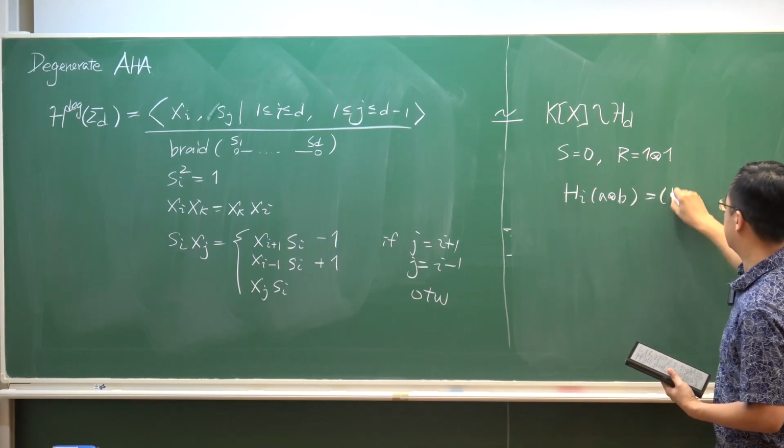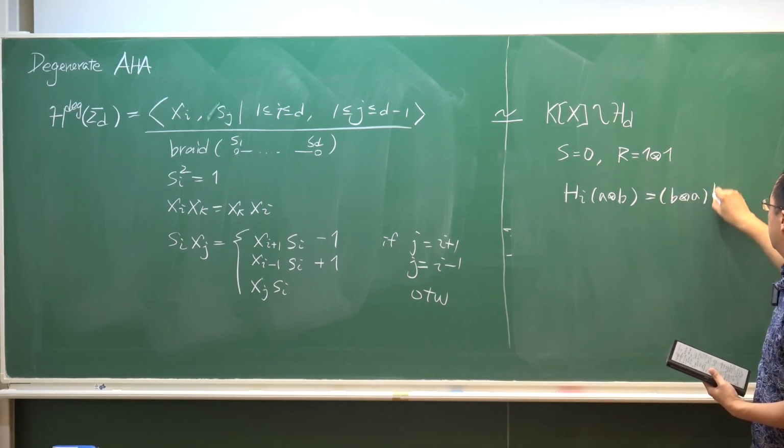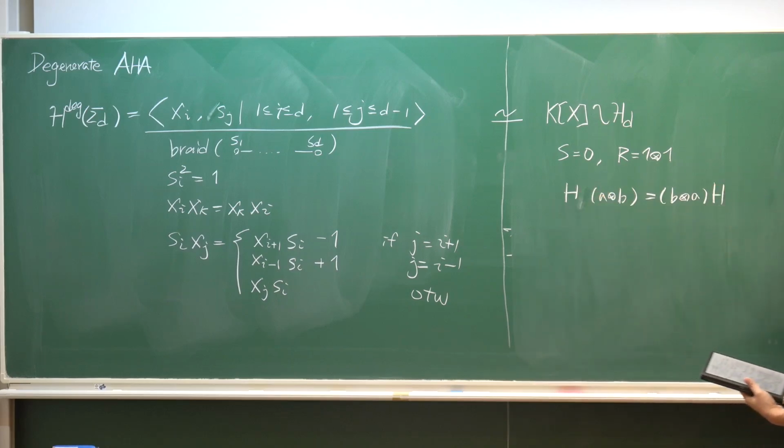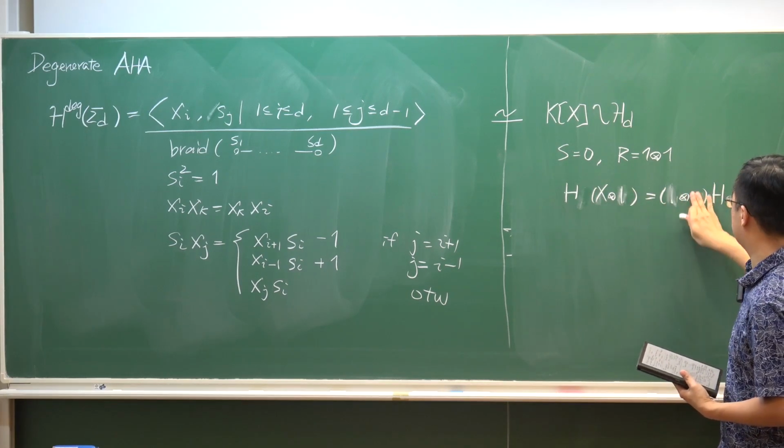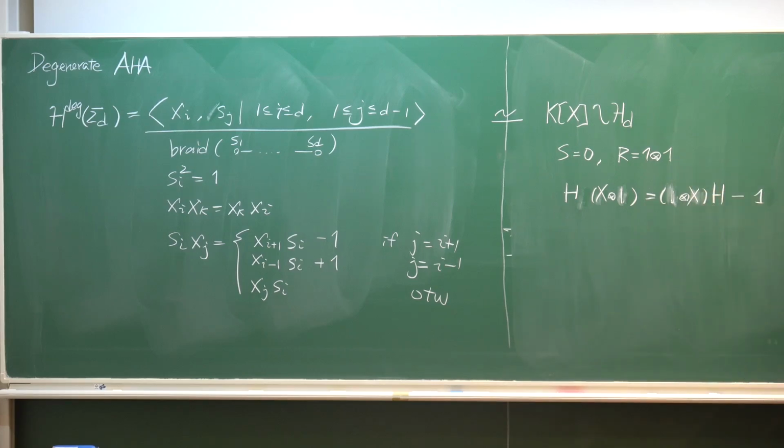So this is again the flip map. Now I think you only need to subtract 1. Sorry, I meant x tensor 1 and 1 tensor x. And you have a similar lemma as in the affine Hecke algebra case. The rho map is uniquely determined by this.